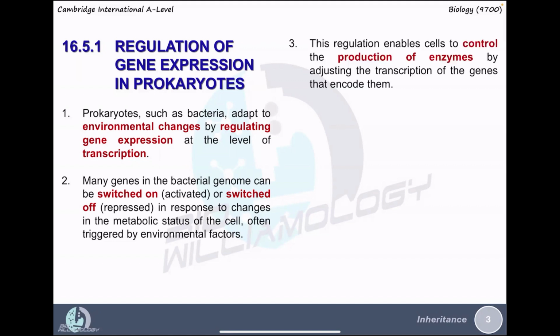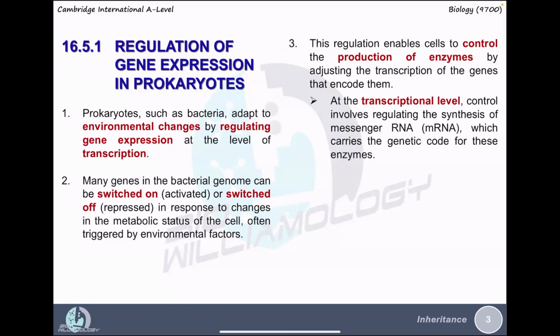This regulation enables cells to control the production of enzymes by adjusting the transcription of the genes that encode them. So transcriptional level control involves regulating the synthesis of messenger RNA, which carries the genetic code for this enzyme.